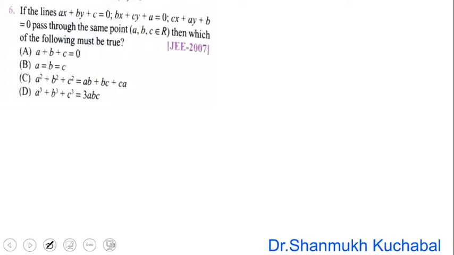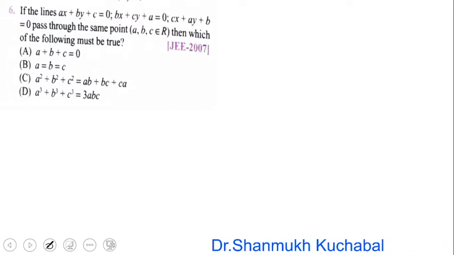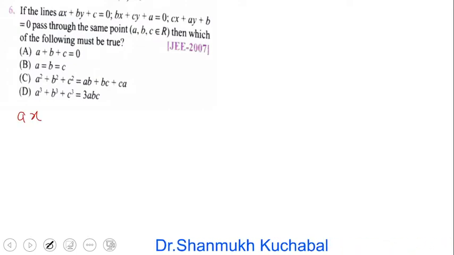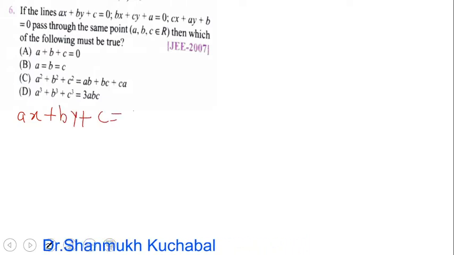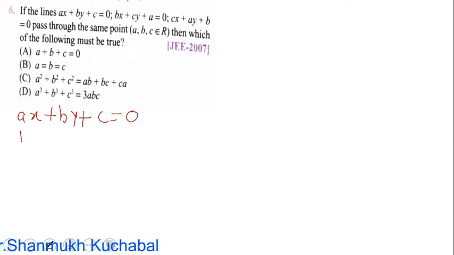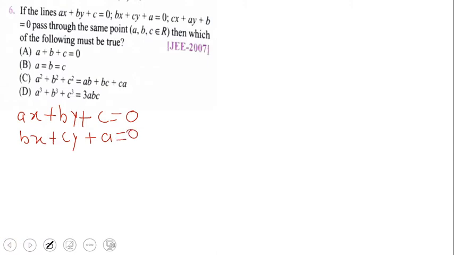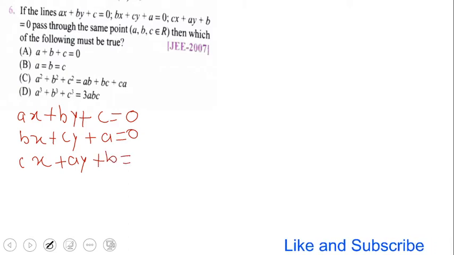So here we have the first equation ax plus by plus c equal to 0, the second equation bx plus cy plus a equal to 0, and cx plus ay plus b equal to 0.